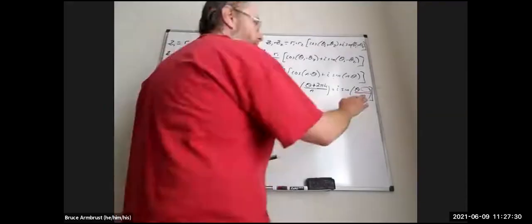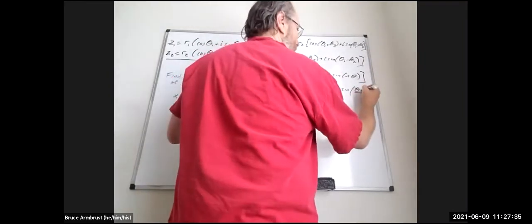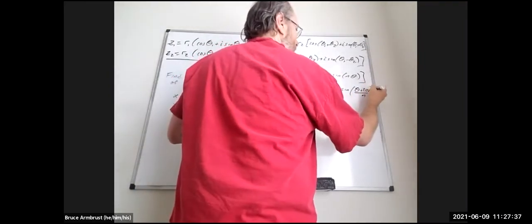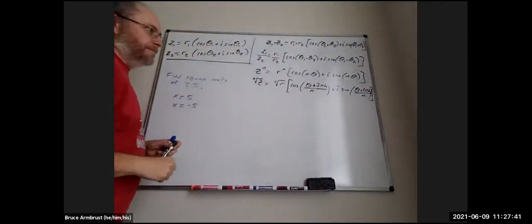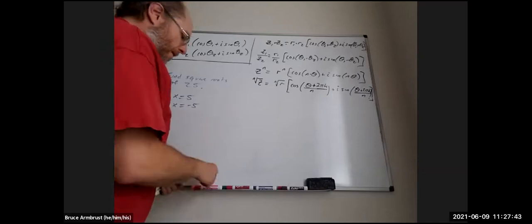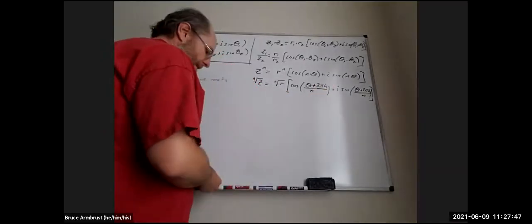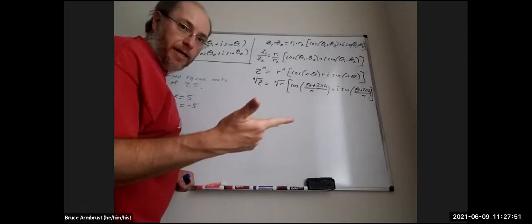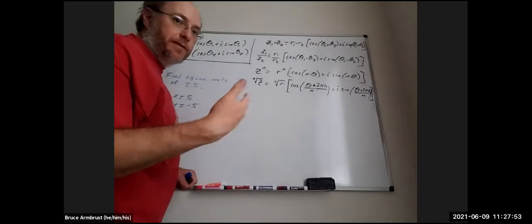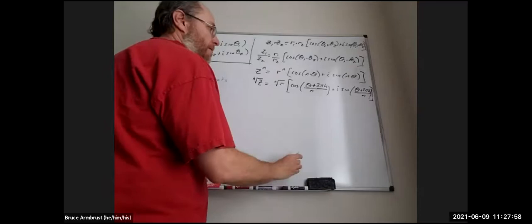Okay, and then we need to do that in the other angle as well, because those angles are the same. And what we're going to do is keep increasing k. We're going to start with 0, then go to 1, then 2, then 3, and so on, until we get enough roots.